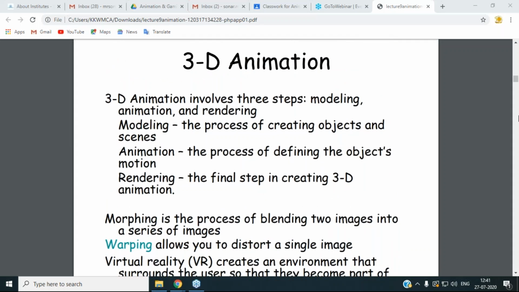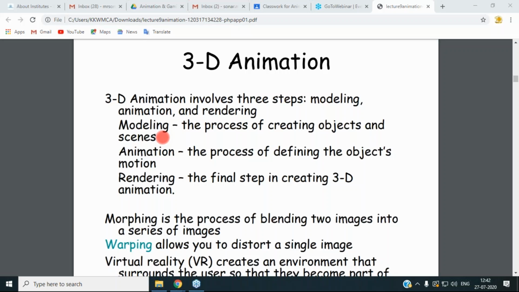There is a 3D animation. So what is 3D animation? 3D animation involves three steps: modeling, animation, and rendering. Modeling is the process of creating the objects and the scenes. A lot of effort is needed in the 3D animation process.